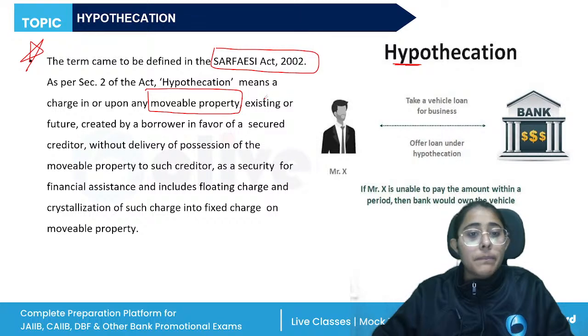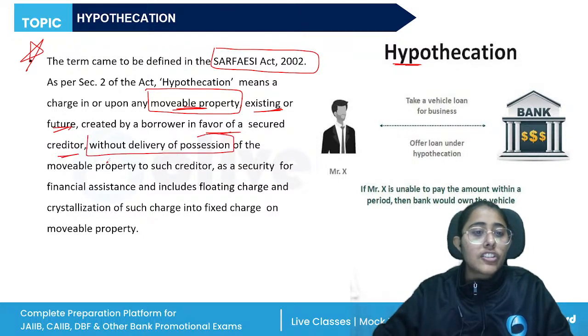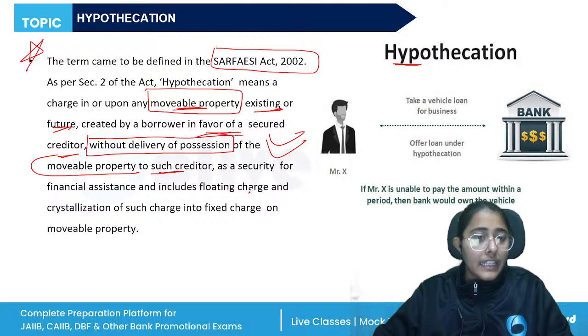So hypothecation means the charge created upon any movable property, existing or future. Another difference, right? The goods can be existing or future, created by a borrower in favor of a secured creditor without delivery of possession of the movable property to such creditor. So there is no delivery of possession in hypothecation.